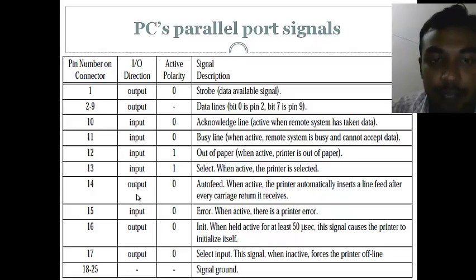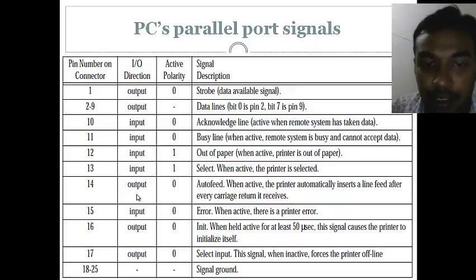Pin 12, an input, shows out of paper. It's generally used in the printer section. The 13th pin, which is also an input, is shown as active. Here they have selected the printer as its output, and the 14th is auto feed.